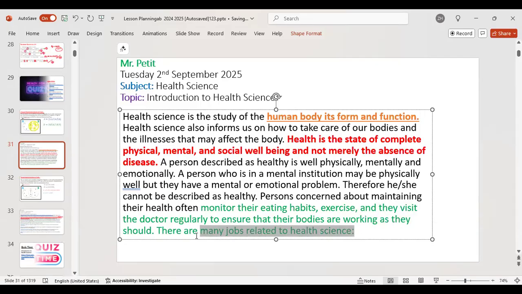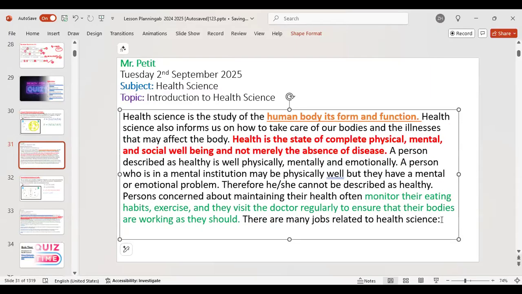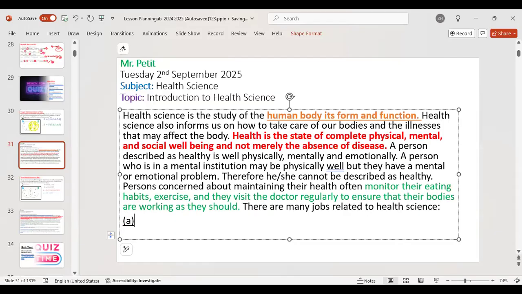It's a very good field, especially if you have a heart for people and you want to see people do well and better, then you work in health science. Okay. So doctors are obviously persons who work in health science. I think we only have one person who says they want to be a doctor now. Okay, we need more doctors.